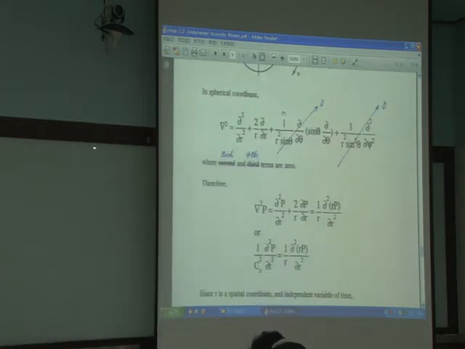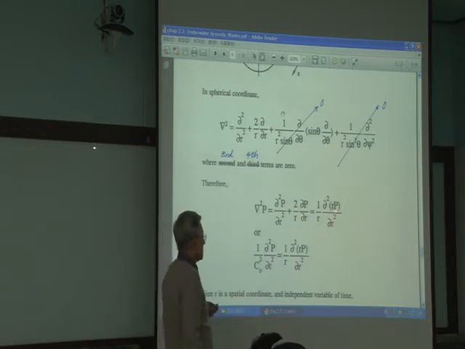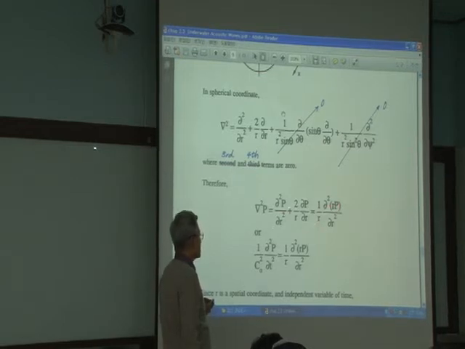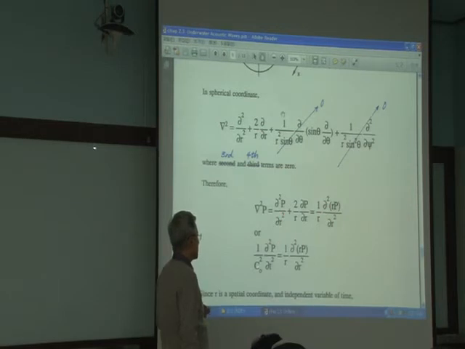First and second term, you can combine them together and re-express as this. In the parentheses, you have R and P. Or you can reduce down into that form here.